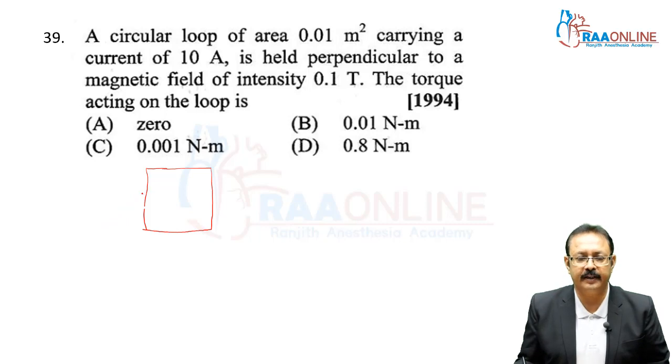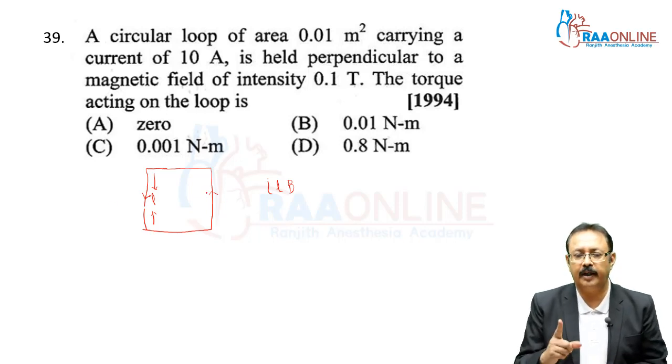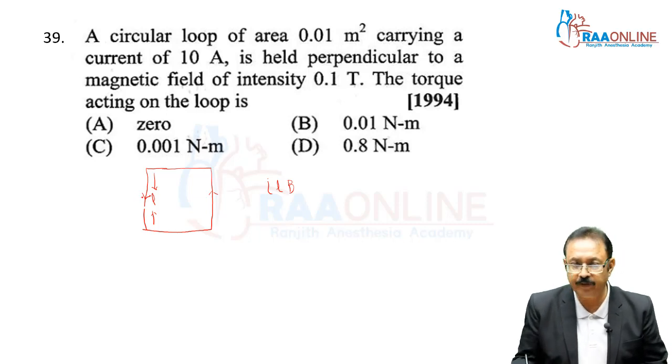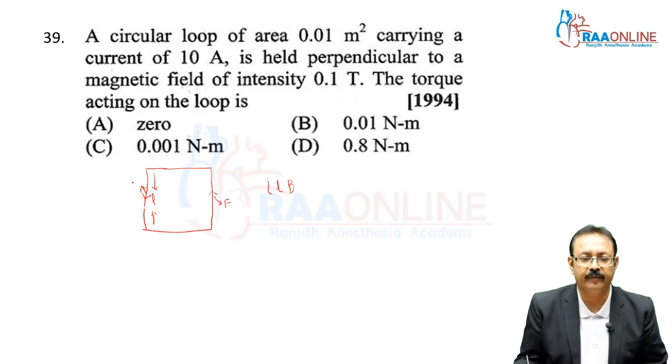In both wires, since the direction of current is opposite, both wires will experience a force I L B, if the length is L. If current in this wire is going upward and in this one downward, if one force is inward, the other should be outward. So they will make a torque. Torque means one of the forces times the distance between both forces.